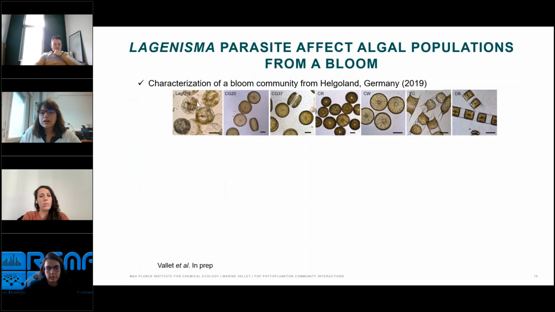So of course, we then wanted to know whether these compounds were just a one-time occurrence, or if we could identify them again in a bloom community. So just before Corona, we had the chance to again sample from the same site in Germany, Helgoland, a German island, and we had to isolate again Lagenisma and a couple of other co-occurring algae, notably Coscinodiscus.